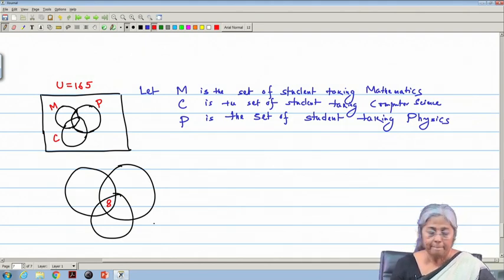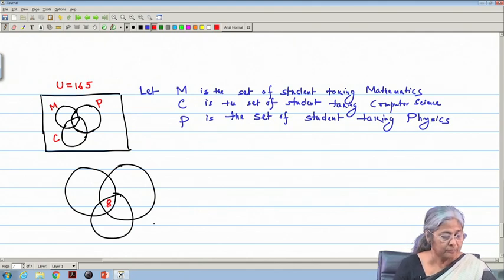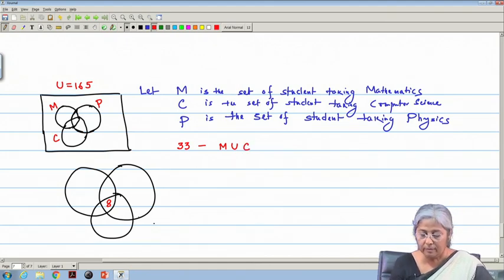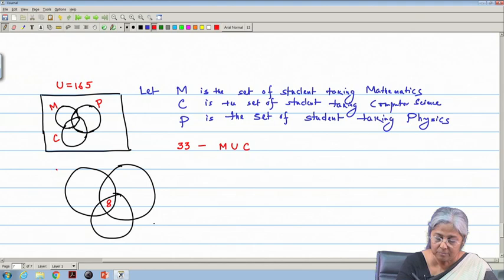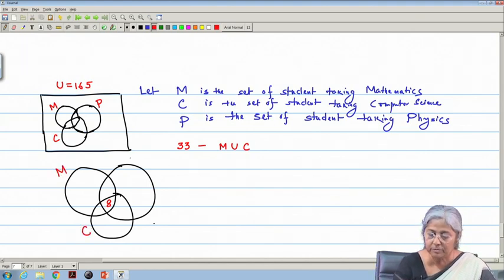Now, if we consider the 33 students taking mathematics and computer science, this is my mathematics, computer science and physics.